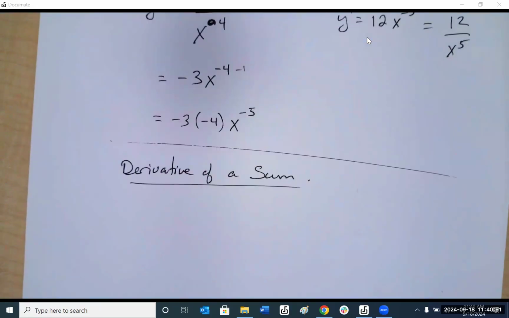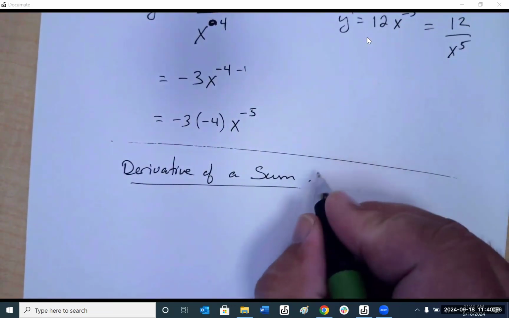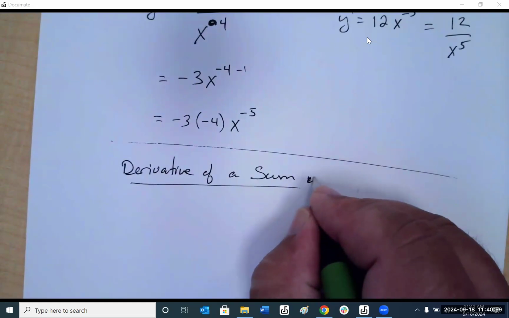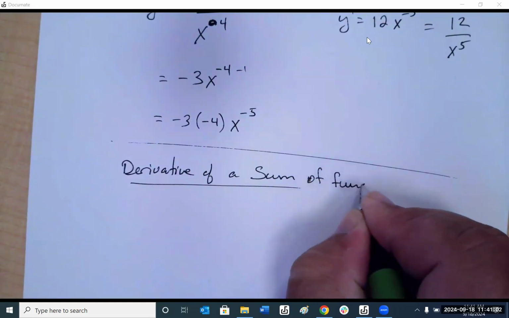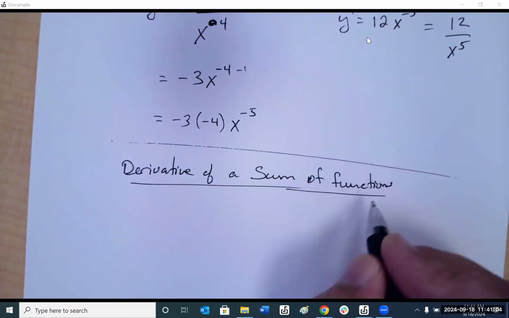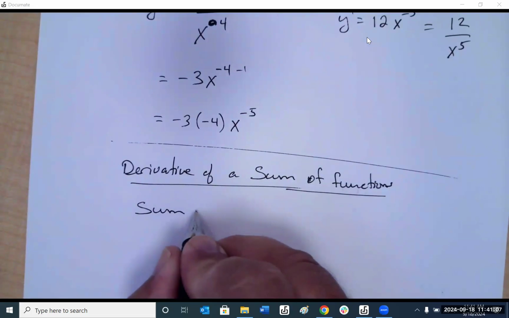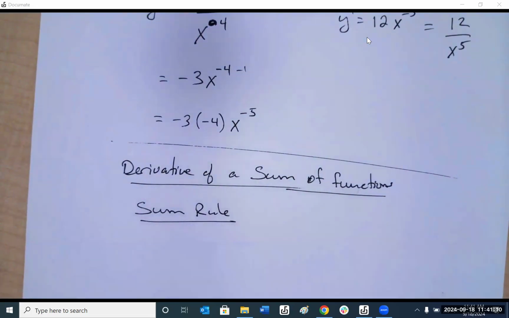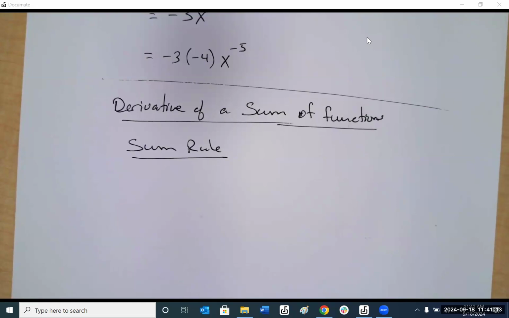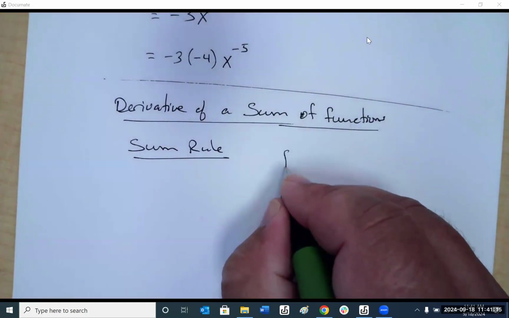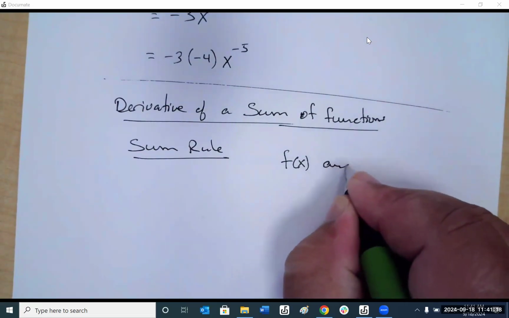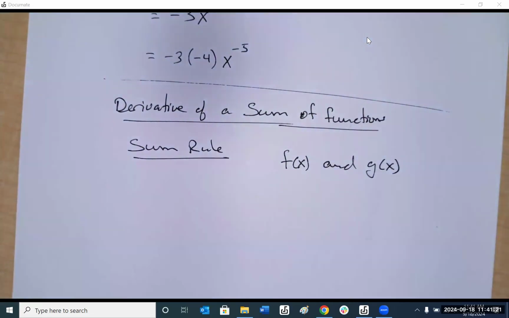The derivative of a sum of functions. This is called the sum rule. So f of x and g of x are two continuous functions that are differentiable, because if one of them is not differentiable, then we can't do this.